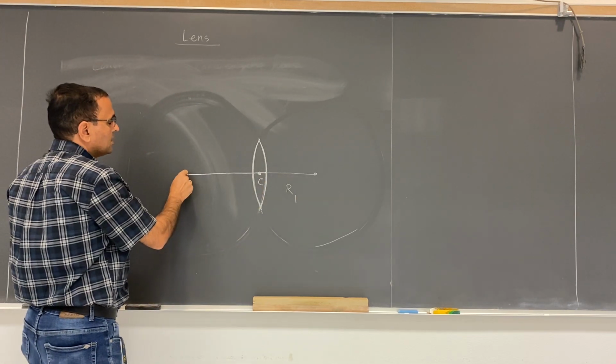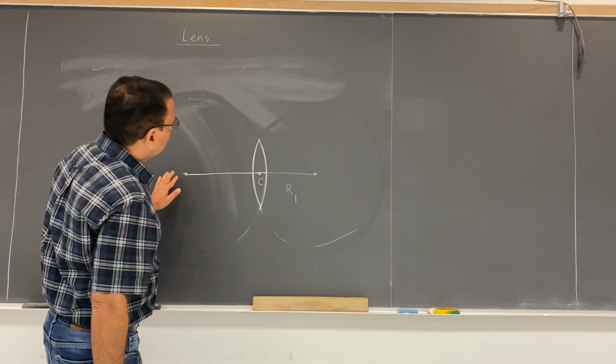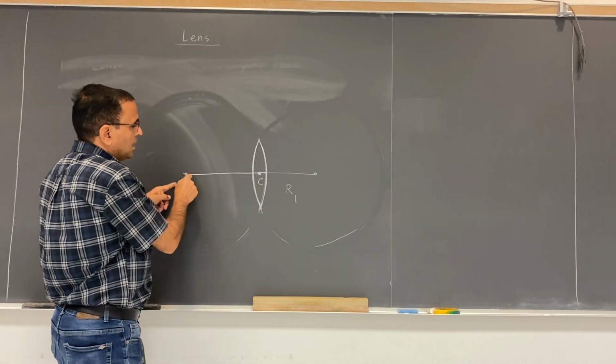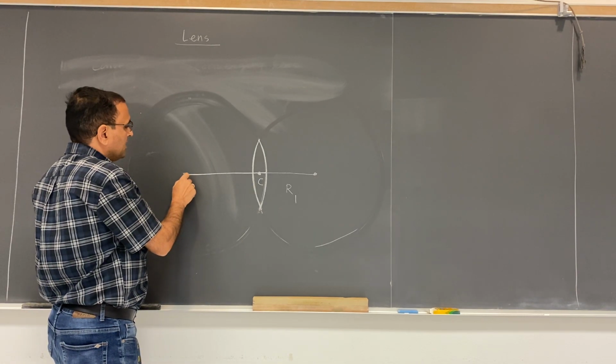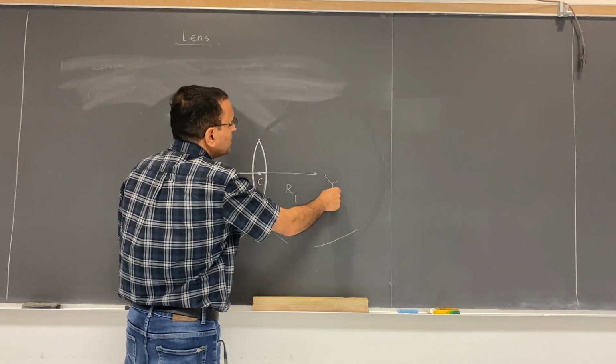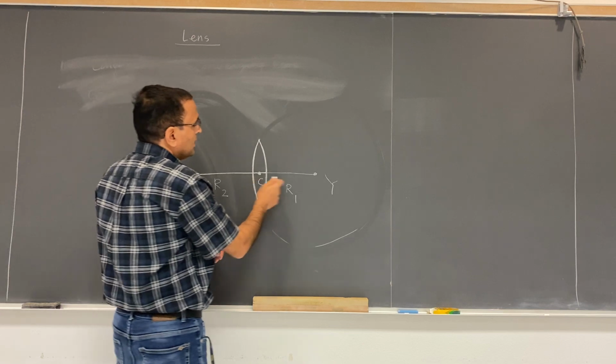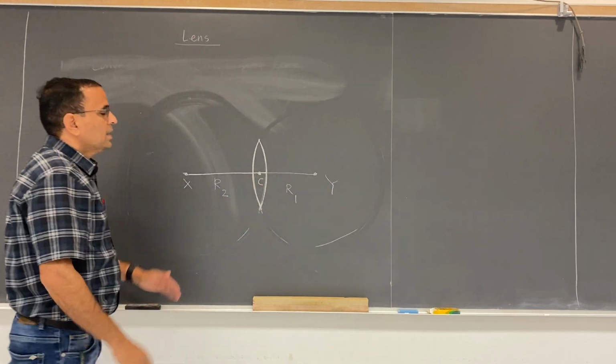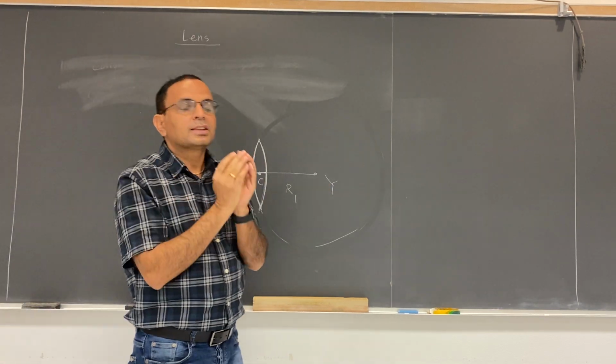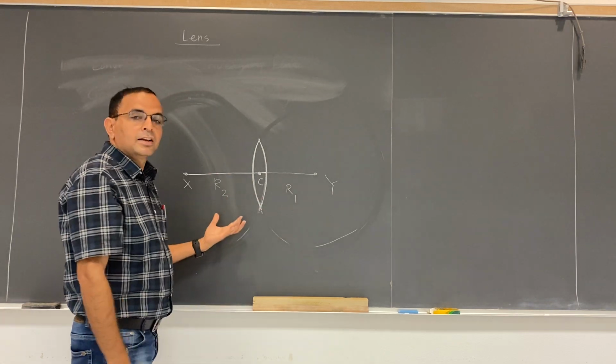Let me write down, whatever you like, X, Y. XC, this is R2, YC, this is R1. And if it is a biconvex lens, R1 and R2 are equal.